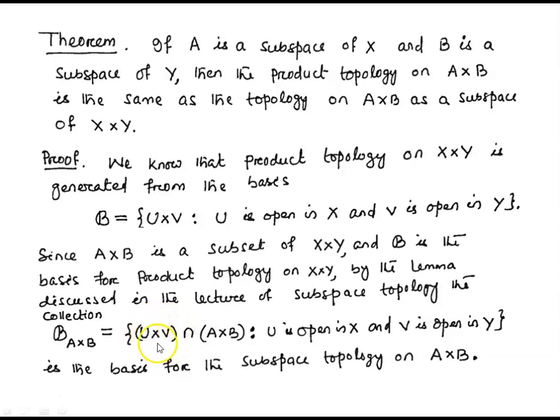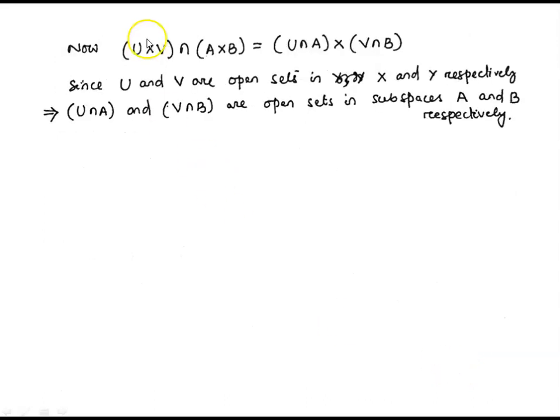We have intersected all basis elements of X cross Y with the subspace A cross B. So this collection, containing the intersection of basis elements of the parent space with the subspace, is the basis for the subspace topology on A cross B. Now, this (U cross V) intersection (A cross B), which we have seen is a basis for the subspace topology, can be written as (U intersection A) cross (V intersection B).